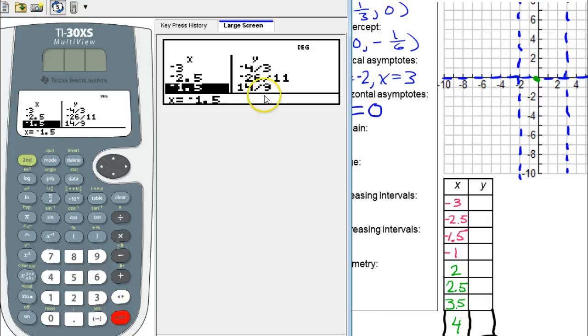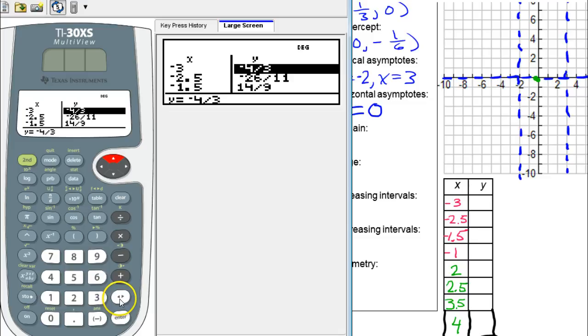Alright, so I get these weird looking fractions. I really need decimals over here for easy graphing. So I'm going to come over here and I'm going to convert each one of these to a decimal by hitting the toggle button. Boom! So that's -1.3. I'm just going to round everything to 1 decimal place. So -1.3.